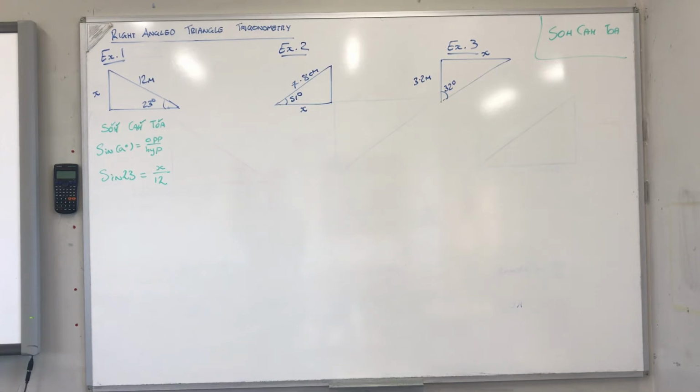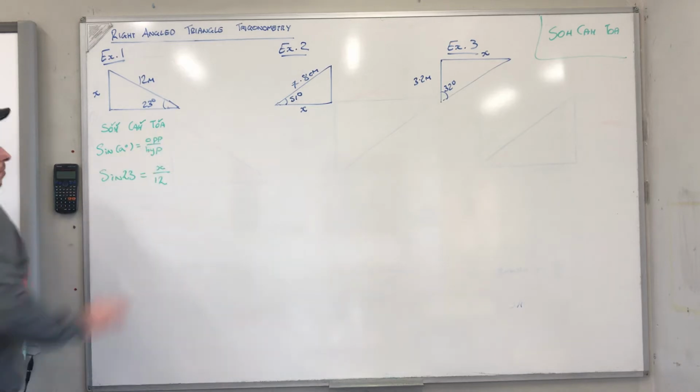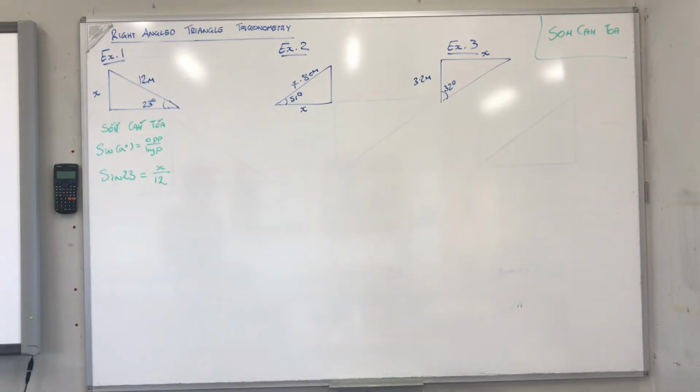Now I want to set this up so I can put it all into my calculator all at once. Something on the left hand side equals x divided by 12. Okay? So how will I get this into just being able to put into a calculator all at once? I can rearrange that equation to be x equals by just multiplying both sides by 12. So essentially I'm bringing the 12 up to the left hand side.